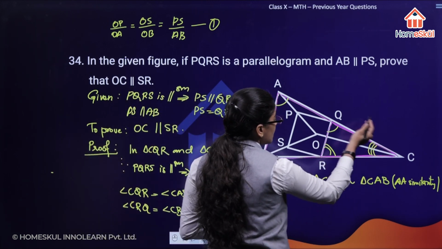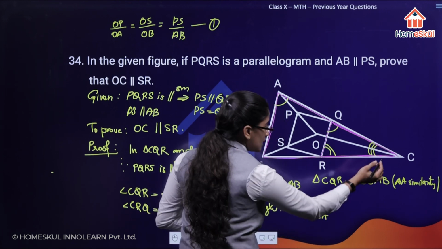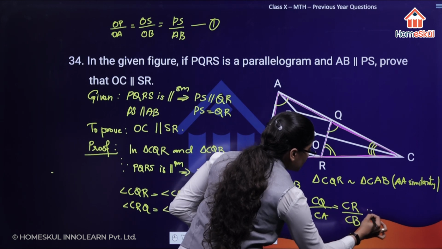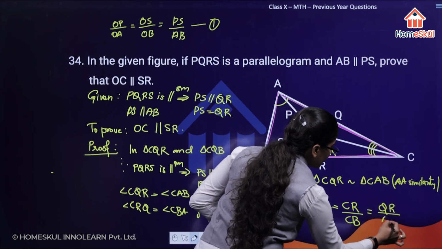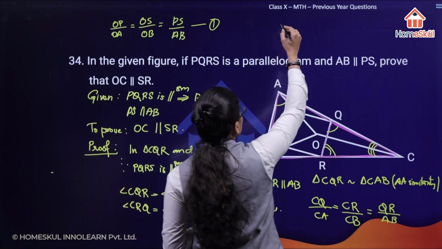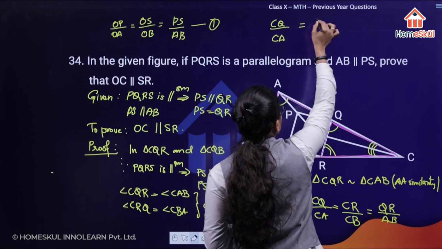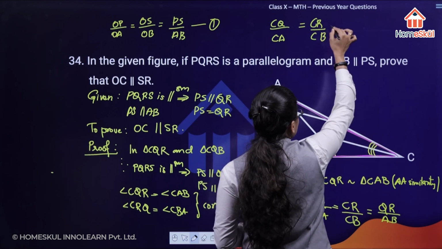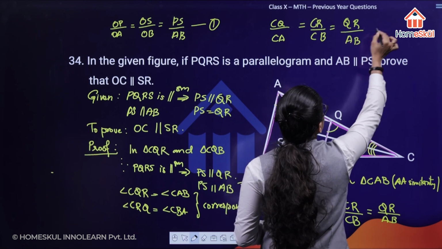There, what we could say, CQ by CA is equal to CR by CB is equal to QR by AB, right? So, this is the second equation we are having. The second equation is CQ by CA is equal to CR by CB is equal to QR by AB.